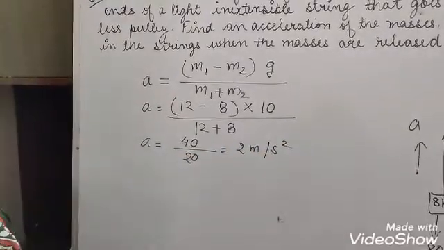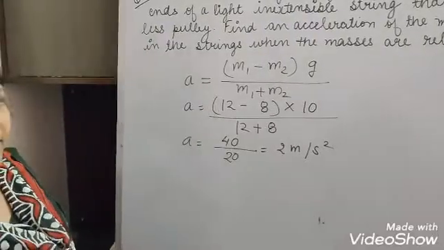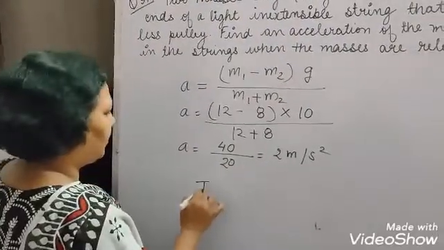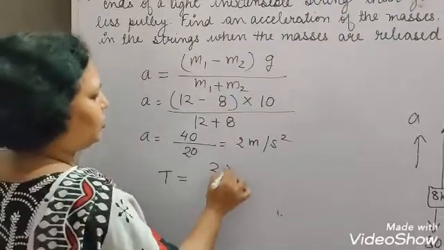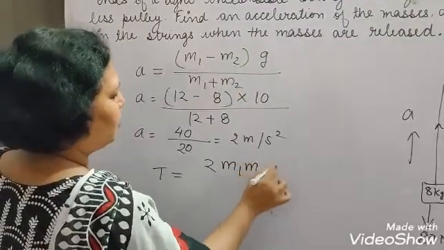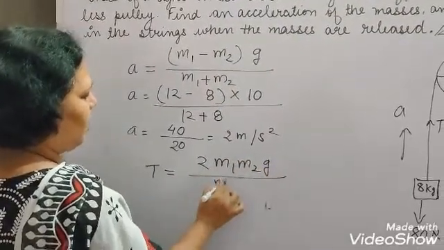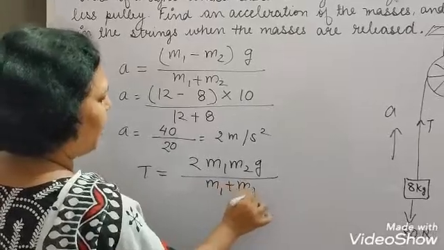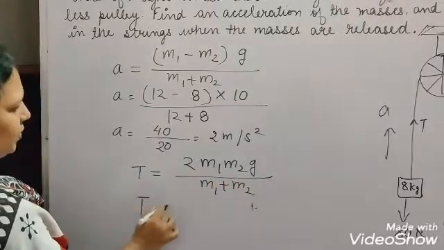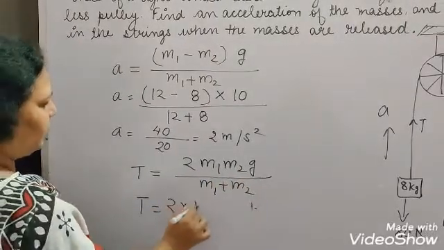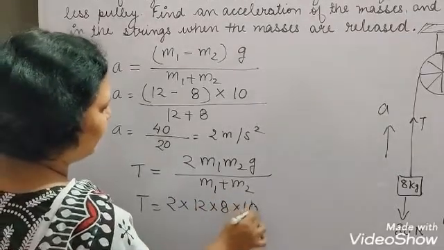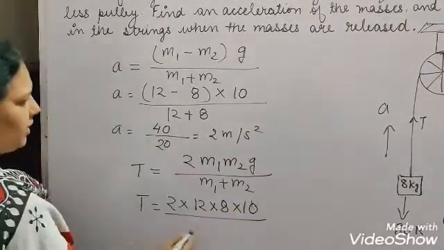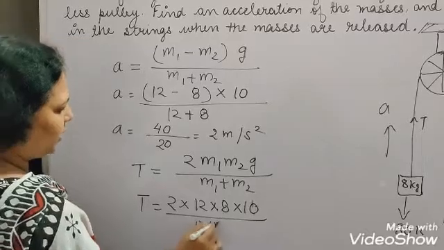Okay, now we have to calculate tension. To calculate tension, we will apply the formula here, that is T is equal to 2m1m2g upon (m1 plus m2), and we'll find T is equal to 2, m1 is 12, m2 is 8, g is 10, upon 12 plus 8.